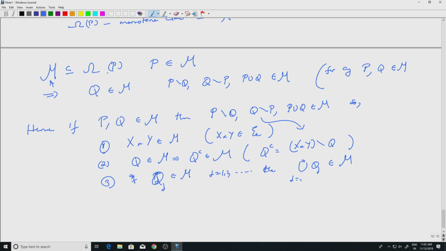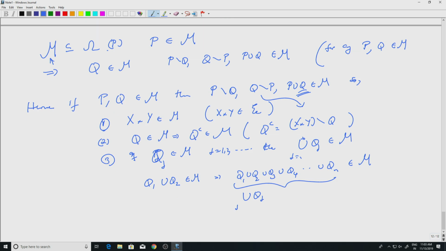Because M is a monotone class, I know that union of two things will be in M. So q1 union q2 is in M, so that will imply q1 union q2 union q3 is in M, and similarly q4 etc. I can go up to qn, this will be in M. Finite unions are in M because union of two things are in M, so by induction finite union will be in M.